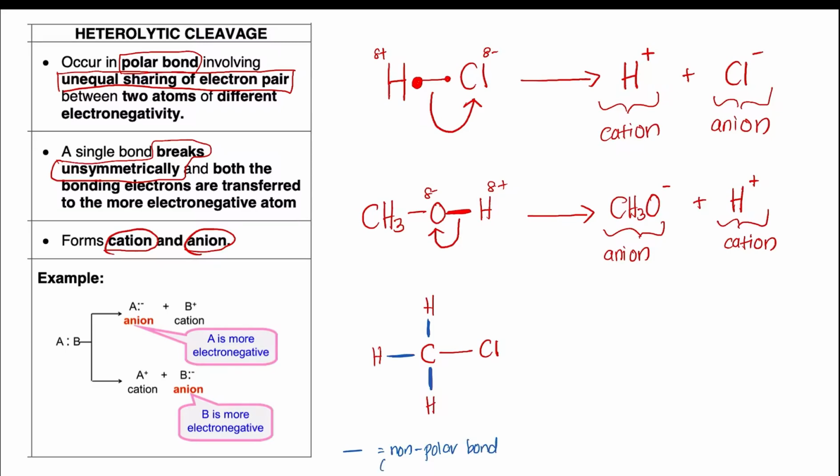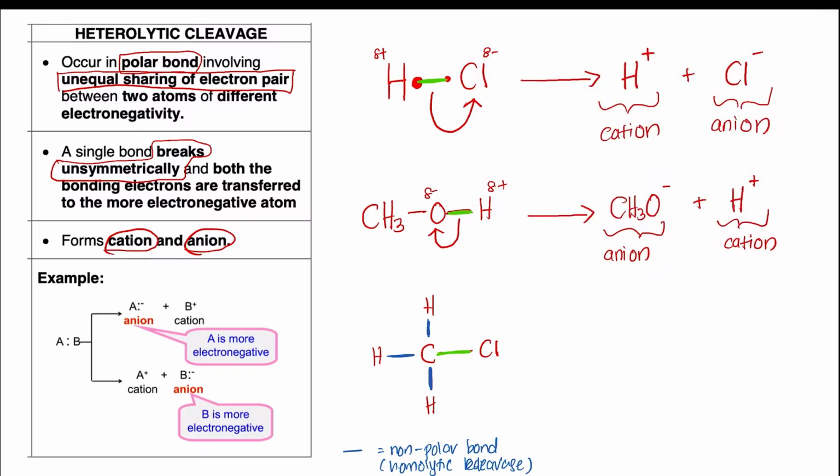Okay, so they will undergo homolytic. Okay, kalau dia nak pecah, dia akan undergo homolytic cleavage. Okay, tapi yang hijau ini adalah what we call this polar bond. Okay, sama juga macam yang ini, sama juga macam ni. They are polar bond.